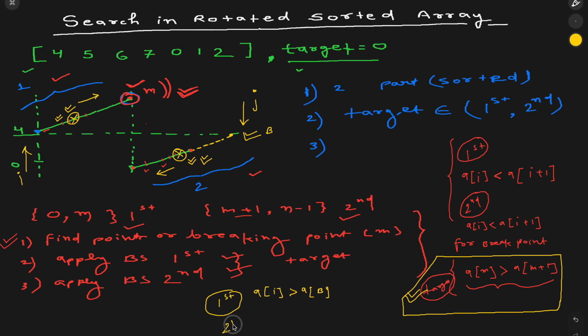And for the second part, all the elements are less than our baseline, because in the diagram we can also see the second part is just below that, and the first part is just after that. So with this condition we can justify whether we are present in the first part or in the second part, and accordingly we can move our pointer.